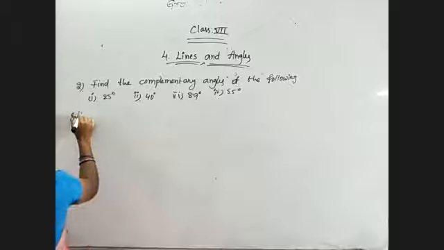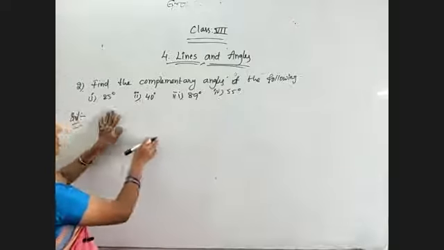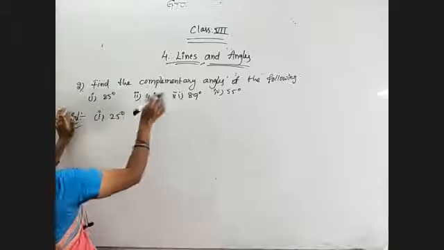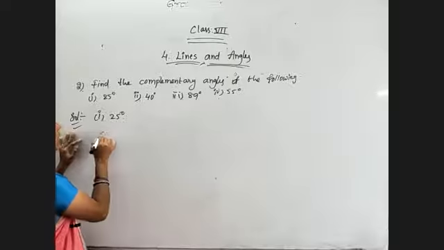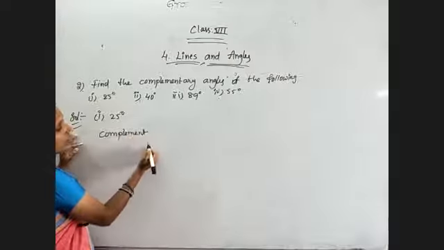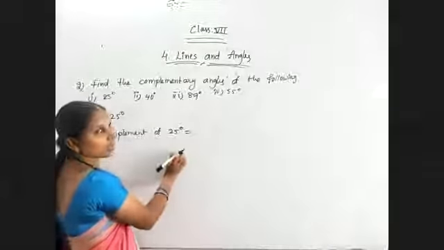Now the solution. Here I will solve two questions, and the others you should do yourself. The first question is 25 degrees given. What is the complementary angle of this 25 degrees? I must find it. So the complement of 25 degrees is equal to the sum of the complementary angles.